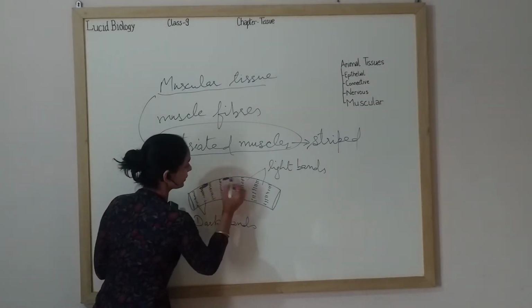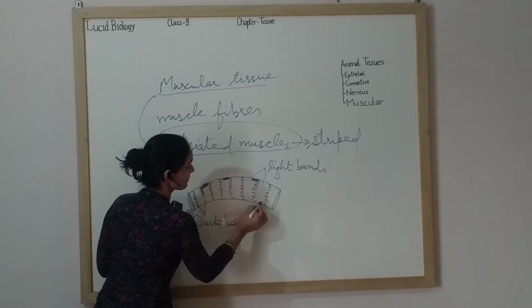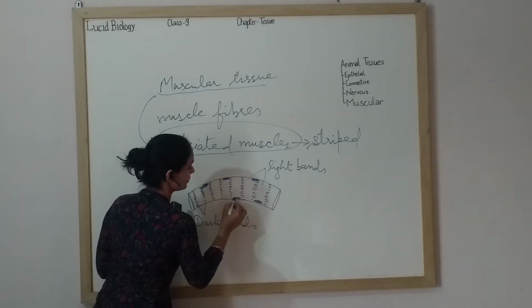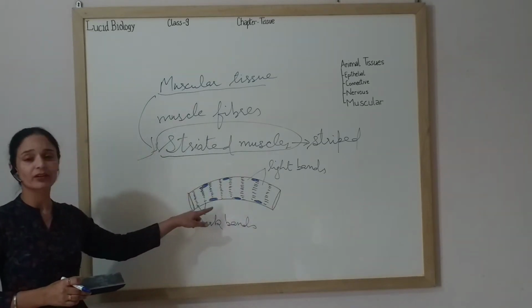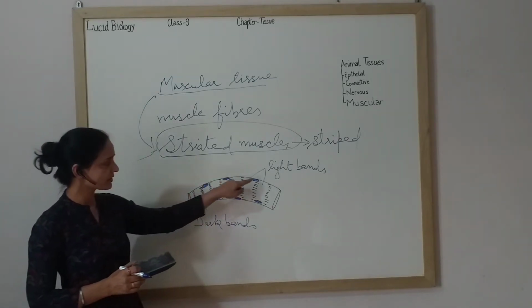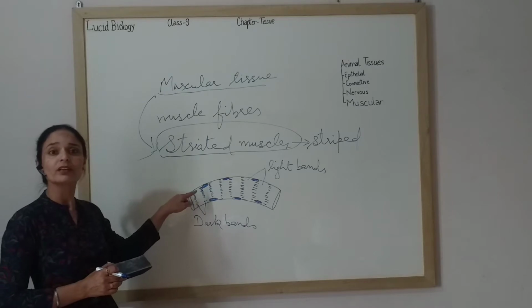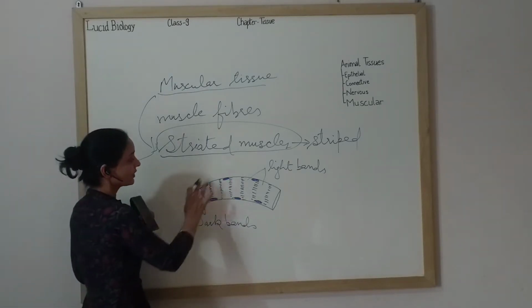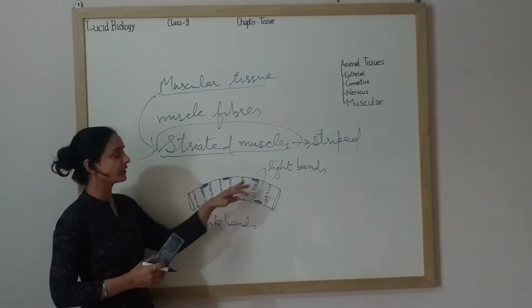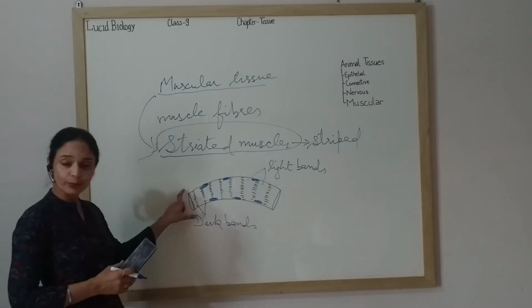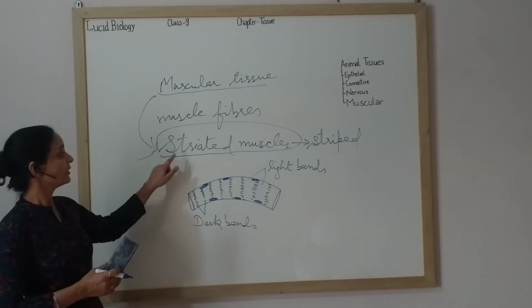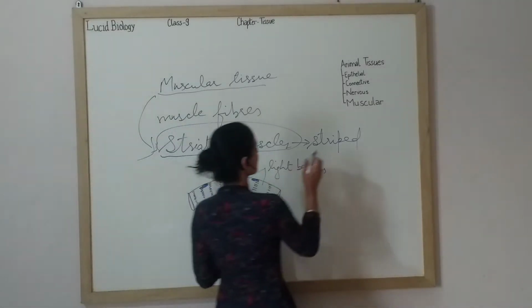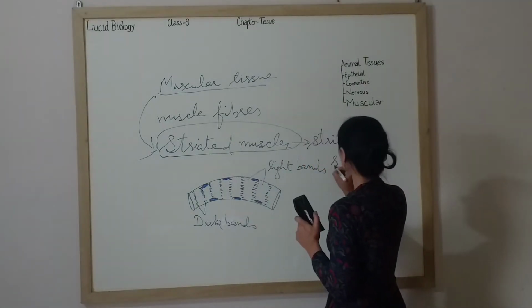You find many nuclei, due to which they are called multinucleated. And the nucleus is not central; it is peripheral. It is just below the plasma membrane called sarcolemma. Okay, they are multinucleated. They have alternate light and dark bands. They are unbranched. They are cylindrical. They are non-tapering.